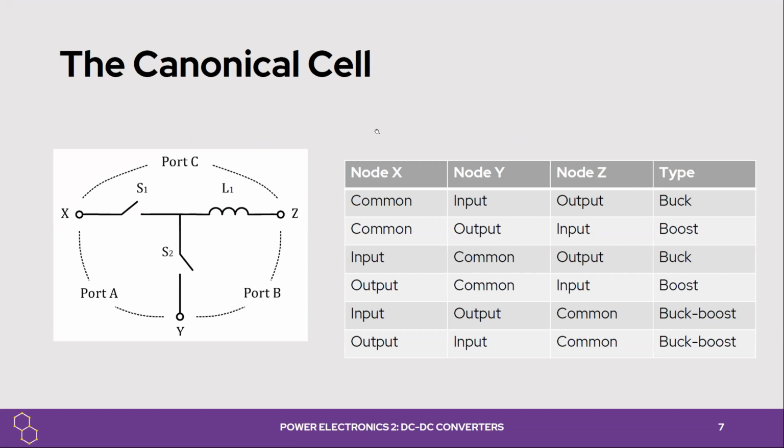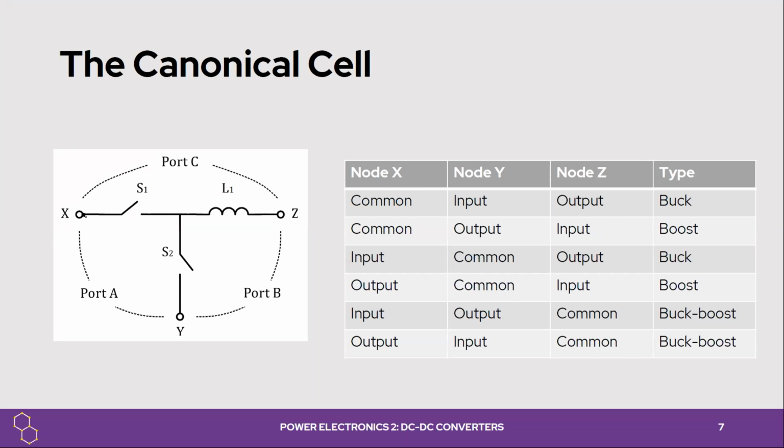The main parts of the converters, as Hakan said, are switches, inductors, resistance, and capacitors, which are the main electronic components. And the canonical cell makes it easier for us to visualize and analyze the actual circuit.